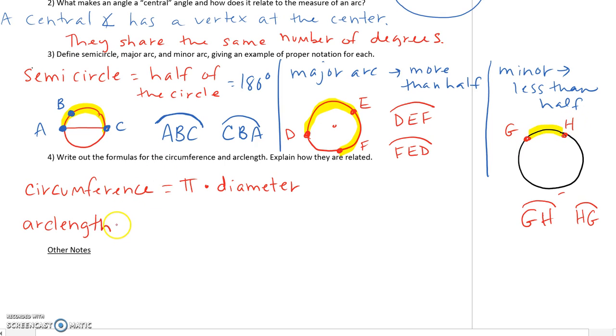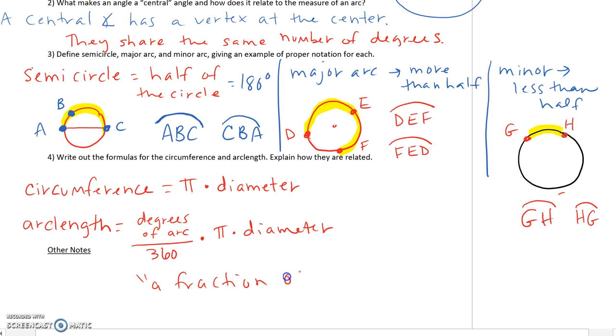To find the arc length, you need to know how many degrees it is from G to H. The degrees of the arc divided by 360 times pi times diameter. Basically, it is a fraction of the circumference.